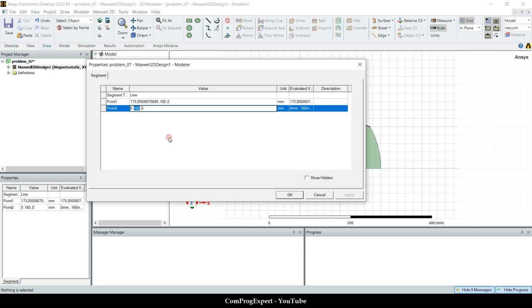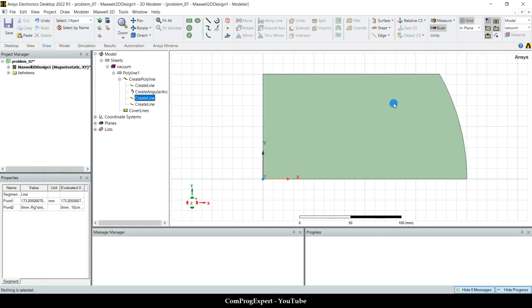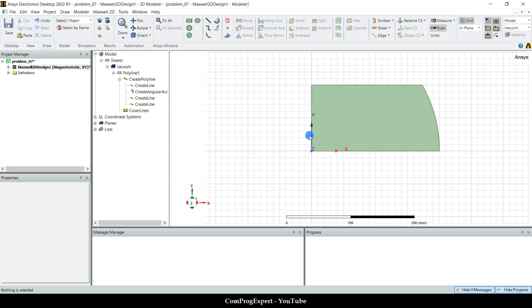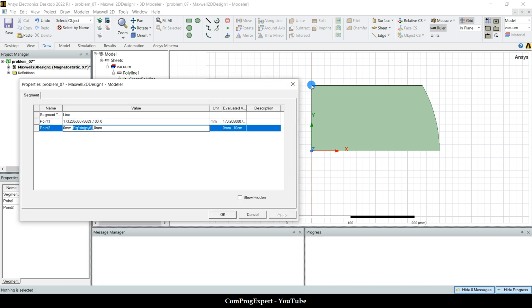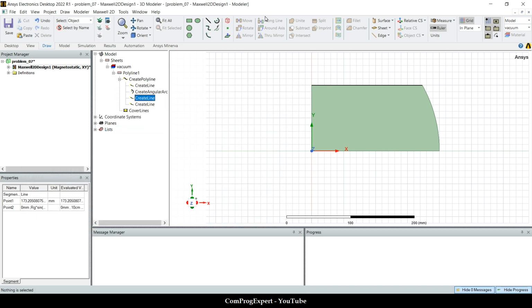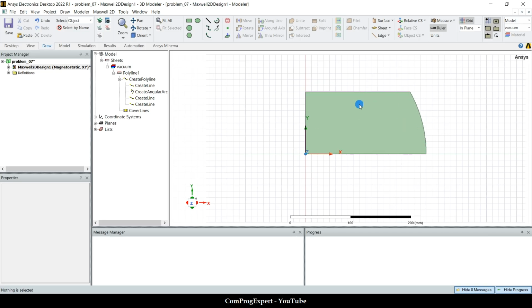So this is r gap times sine of pi divided by 6. So yes, this is this height, this coordinate that I considered for the y coordinate of this point. Okay, so yes, we can duplicate and mirror and build up the full geometry for the rotor.